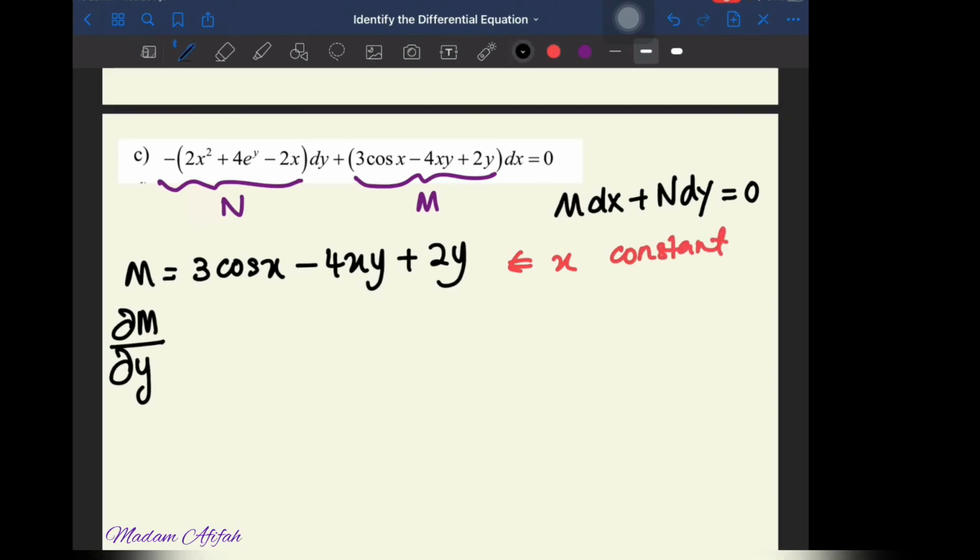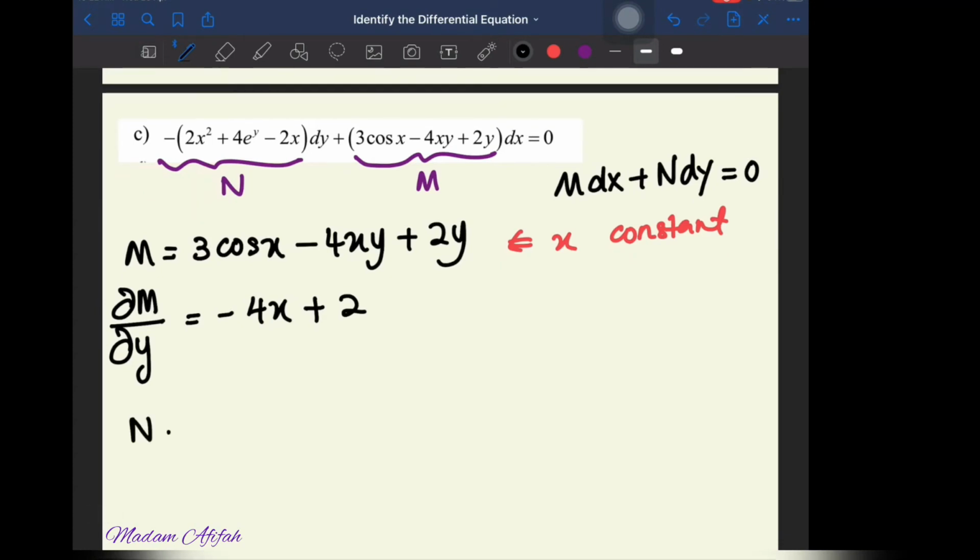Okay, so that you will have negative 4x plus 2. So here your n is equals to, so expand this one first, so you will have negative 2x squared minus 4e^y plus 2x.